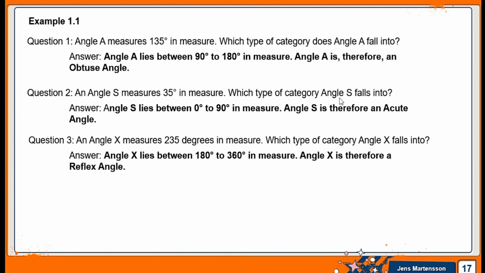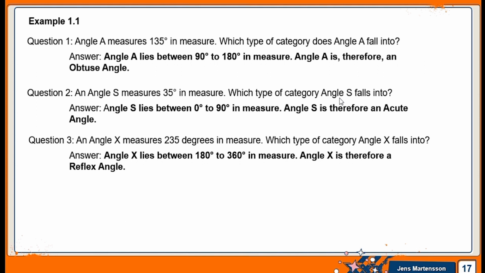Angle X is therefore a reflex angle. So, if you have a confusion, go back to the definition and then try to figure it out. If the angle is between 180 degrees to 360 degrees, that is a reflex angle.